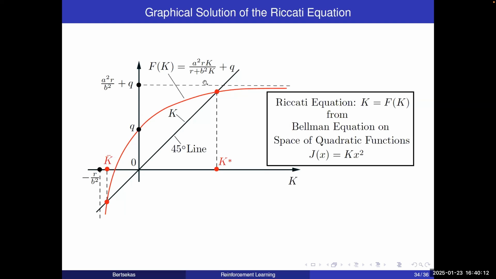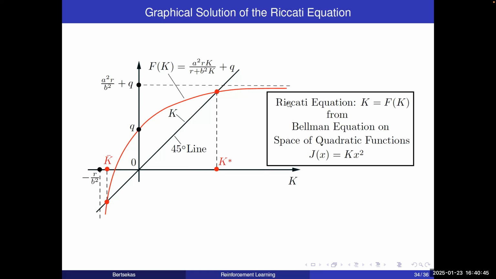And the shape of this Riccati function is concave. It means if you take any two points on the curve and draw a line segment, this line segment would lie below the curve. So if we want to solve the Riccati equation, we can actually solve it by drawing the plot, essentially.